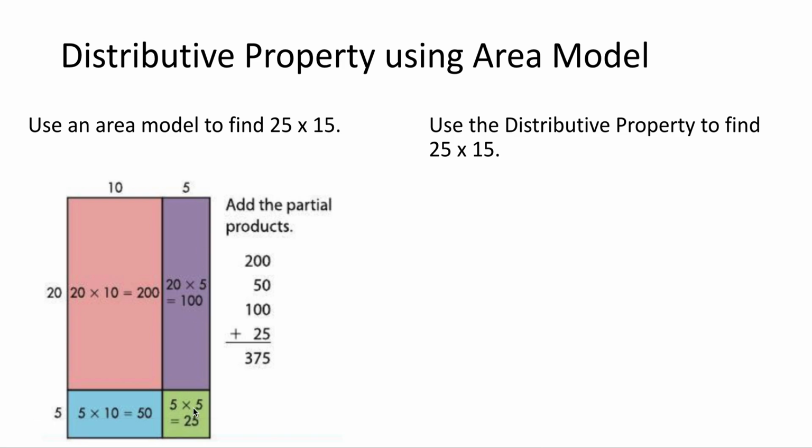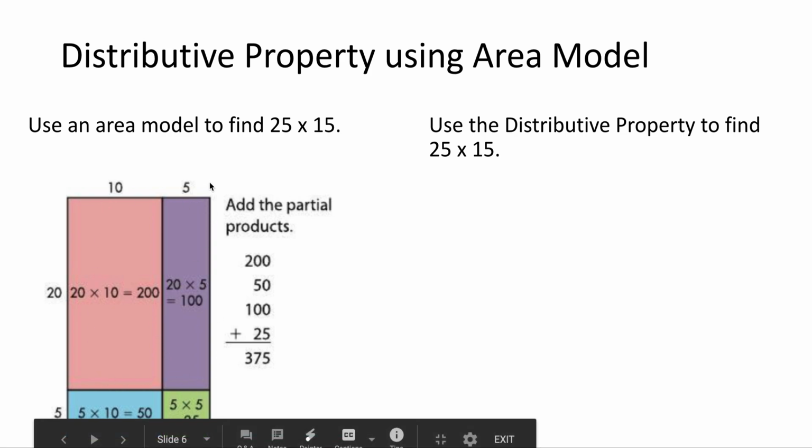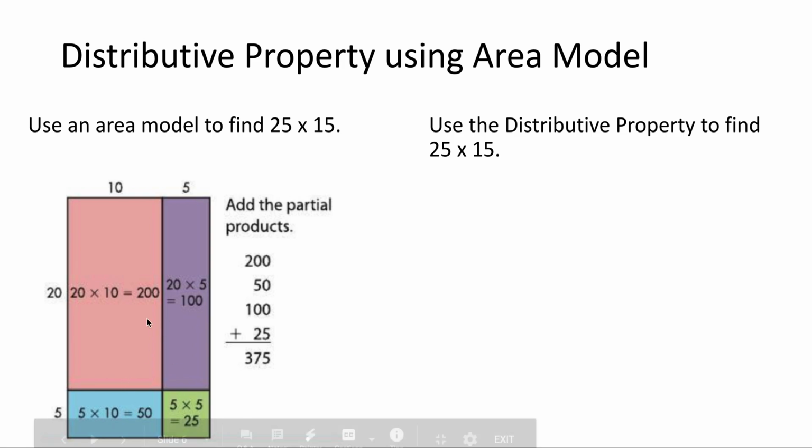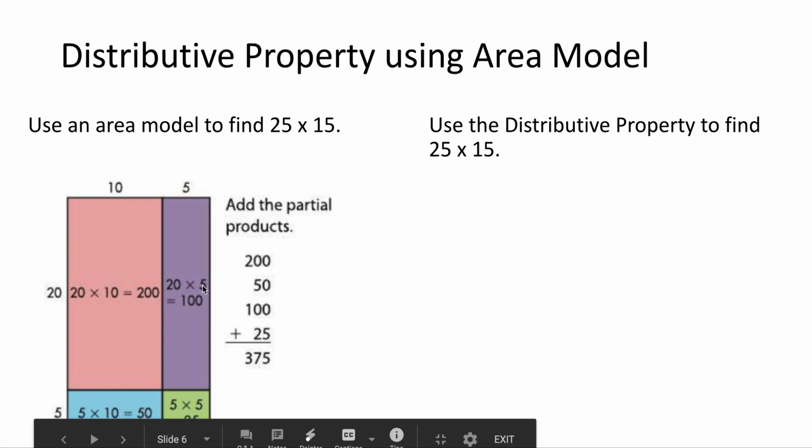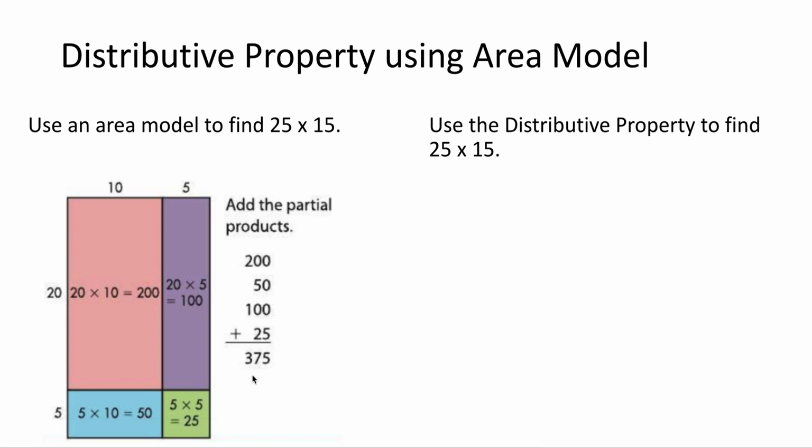So you can show your students, using this area model, we can add these partial products together, right? So this product here is 200 and this product is 100 and this product is 50 and this product is 25. We are just adding all of this together and you get 375, right?